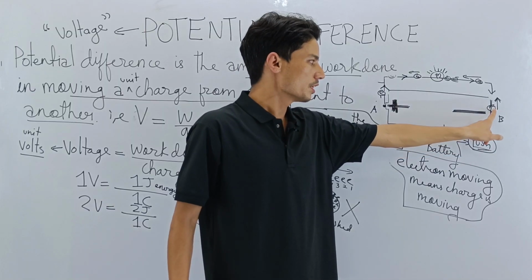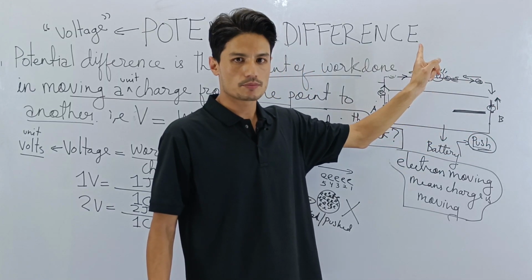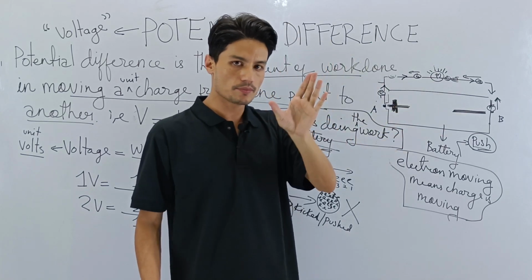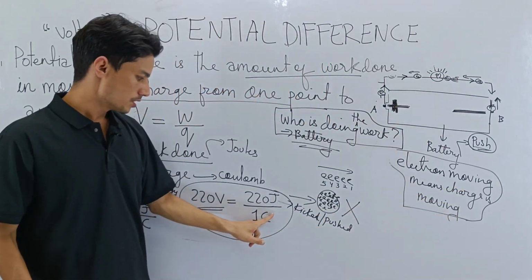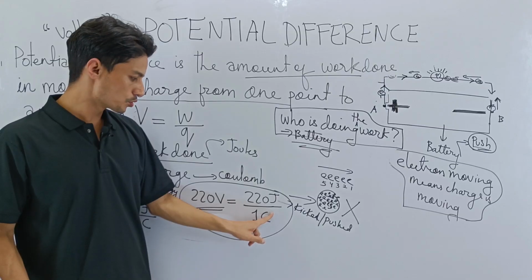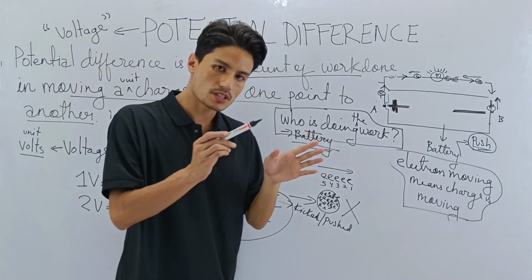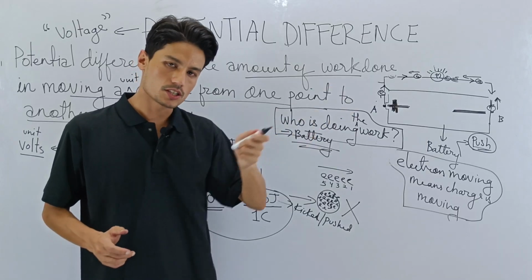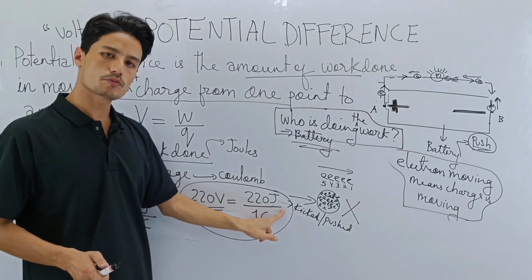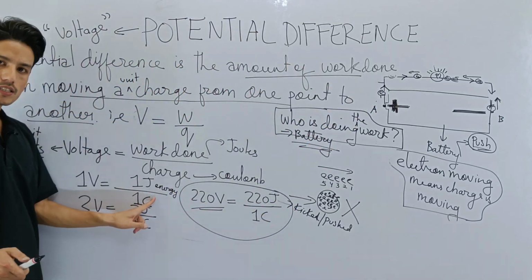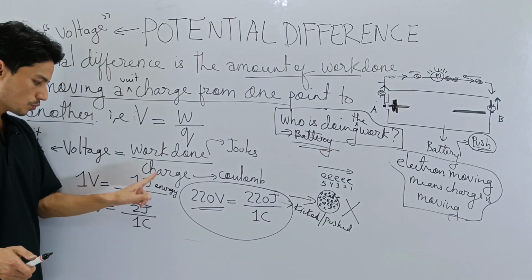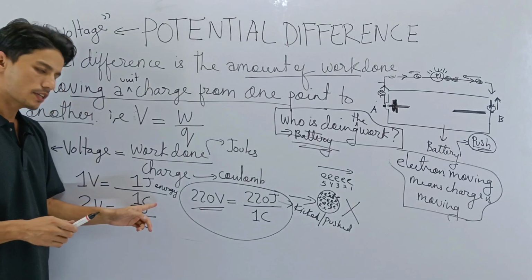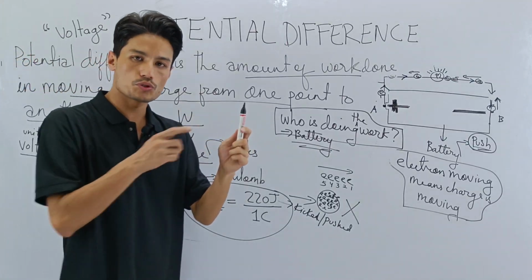If the push is strong, then the charge will travel faster. That means more current, more charge in a given time. Since this is pushed with great force, the charge will travel faster. In this case, in 1 second, since the push is a mild push only, I doubt 2 or 3 will pass through.